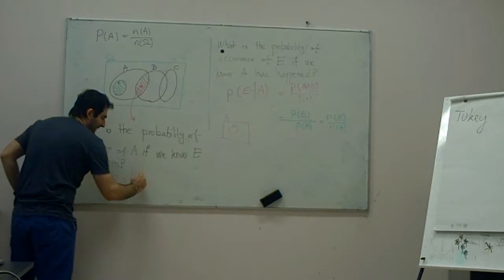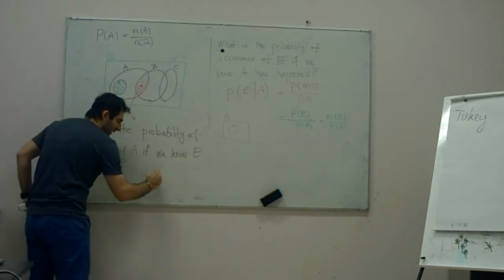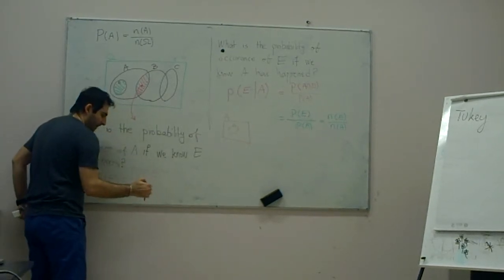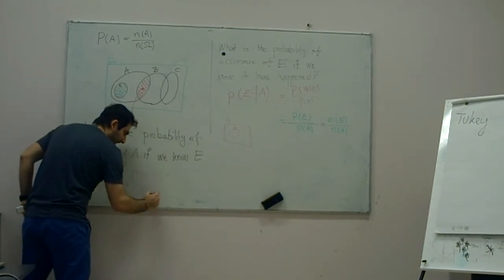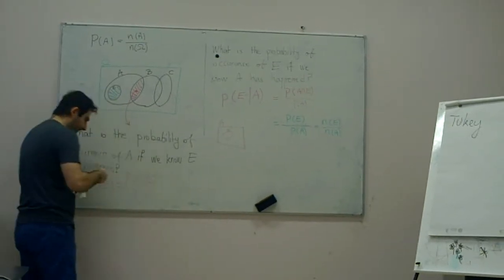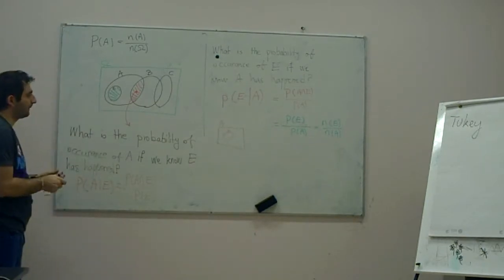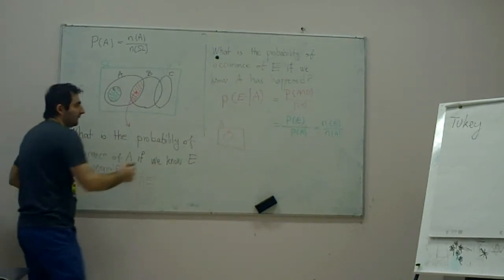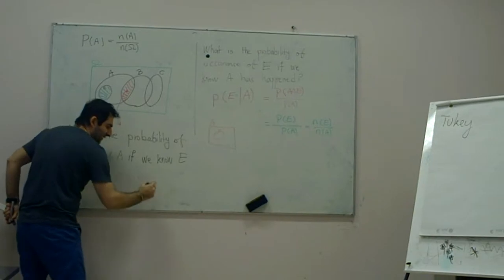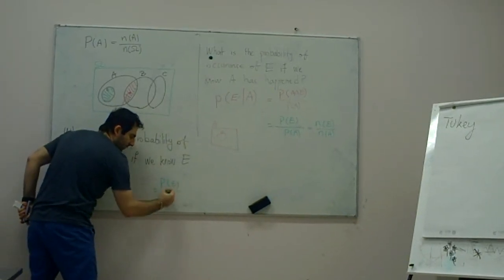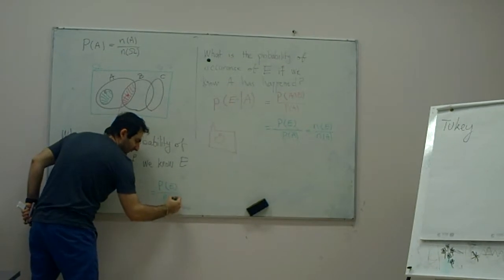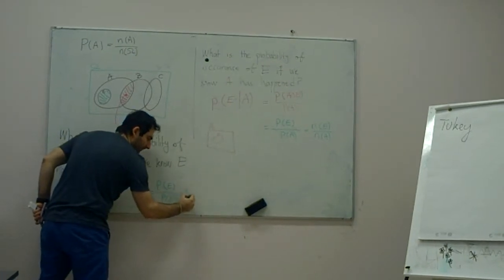Formula-wise, we write it as A intersected by E divided by P of E. Already from before we know that A intersected by E is E. So probability of E divided by probability of E is 1.